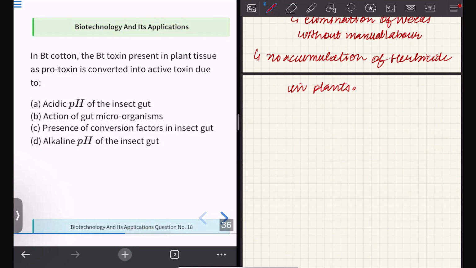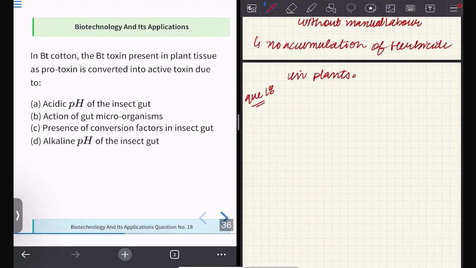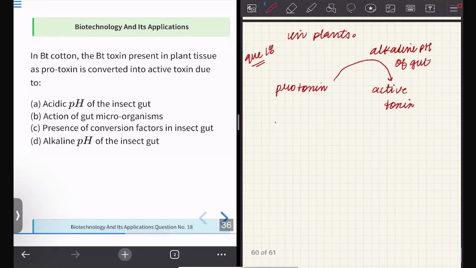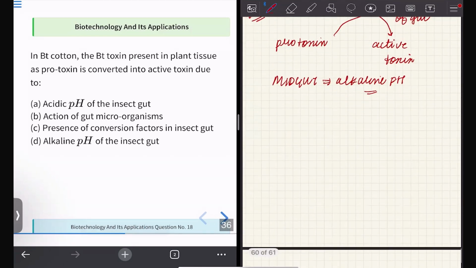We have question number 18. In BT cotton, the BT toxin is present in the plant tissue as protoxin, and it is converted into active toxin due to the alkaline pH of the gut. Okay. So the insect gut, mostly the midgut, has alkaline pH. Moving on next, we have Bt toxins.